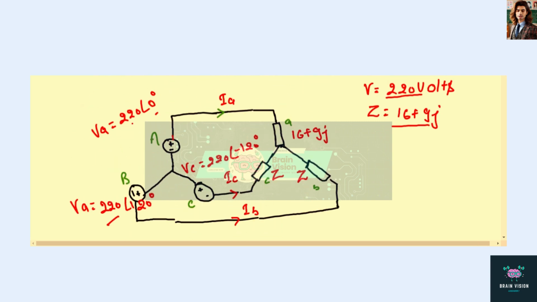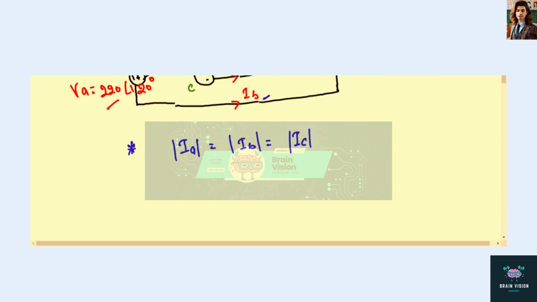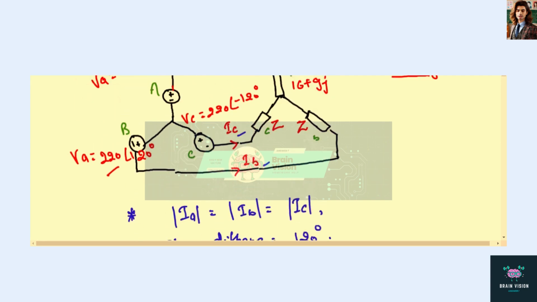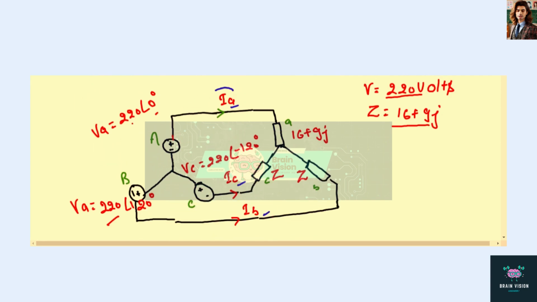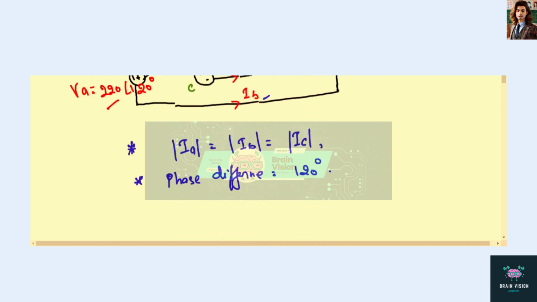And the important thing is, as the voltages have a phase difference of 120 degrees, similarly, the currents will also have a phase difference of 120 degrees. So if we find one of them, suppose I find IA, then we can find all of them by following these two important points. So let's try to find one of them.